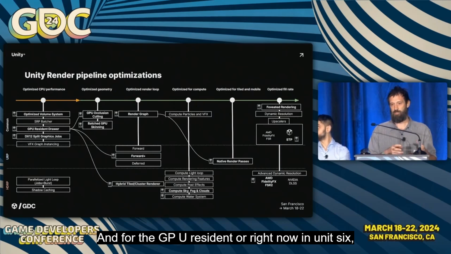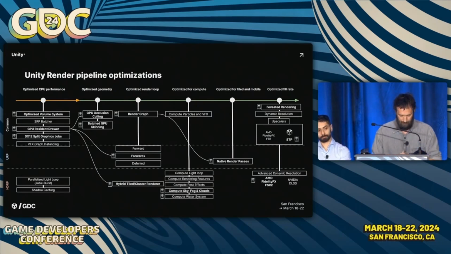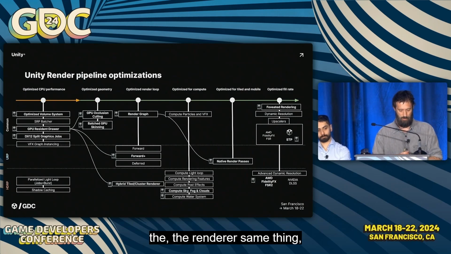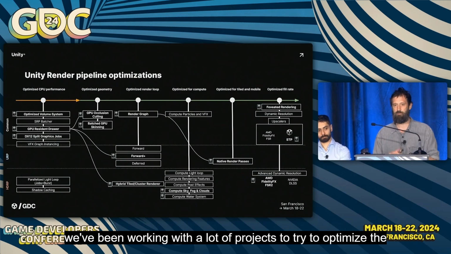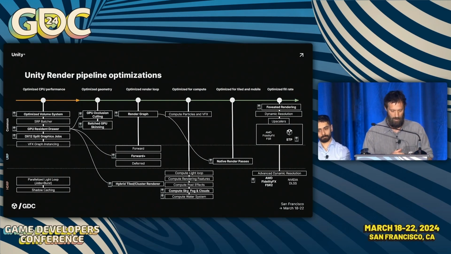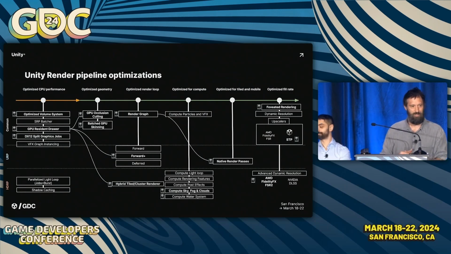And for the GPU Resident Drawer, right now in Unity 6, it's compatible only with Forward+. And then on the renderer, same thing. We've been working with a lot of projects to try to optimize the hybrid tile cluster render loop of HDRP. I don't know if you've seen that there is a line: URP at the top and HDRP at the bottom, right?